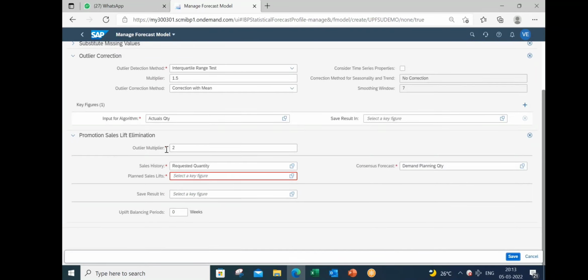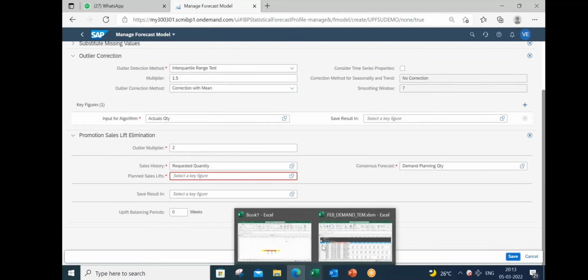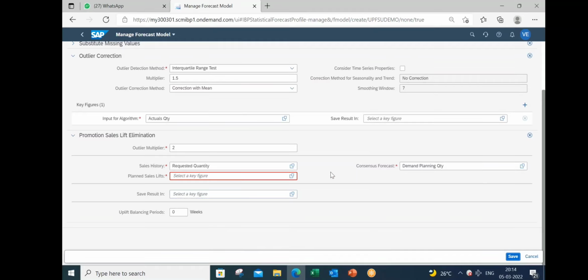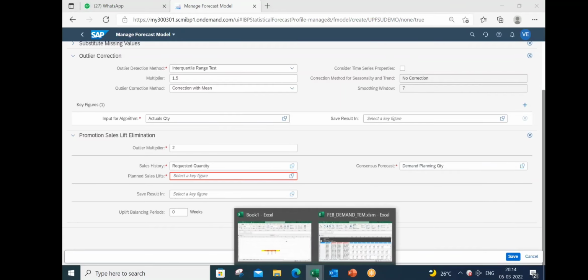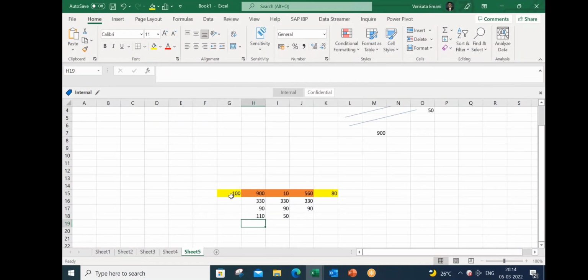So, promotional sales lift elimination. What is that? If you are using some promotional planning in your IBP, you have created one promo key figure. Then my actual history key figure is like this: 100, 110, 150, 80.